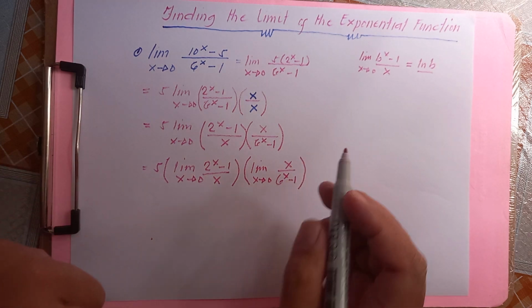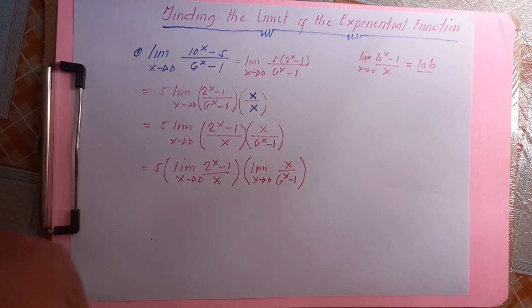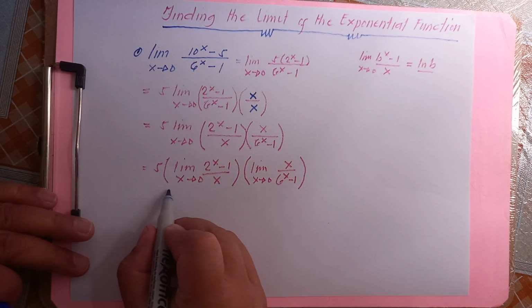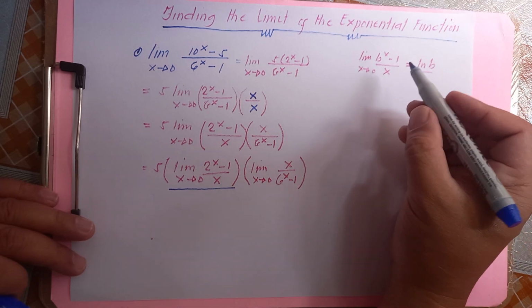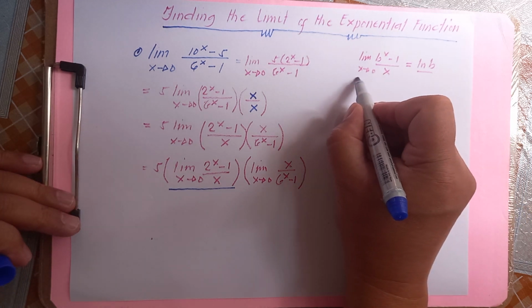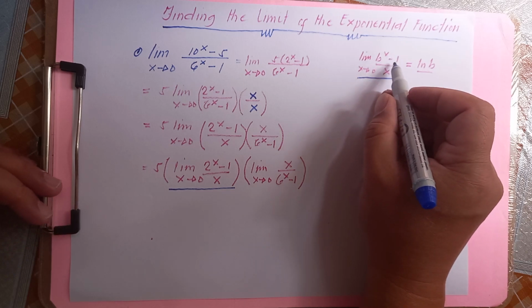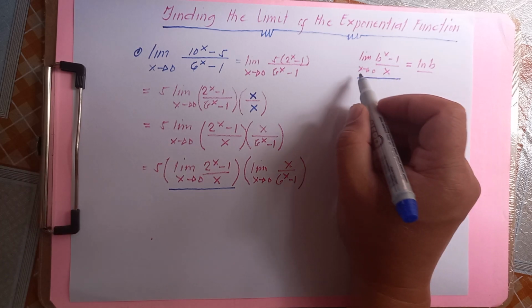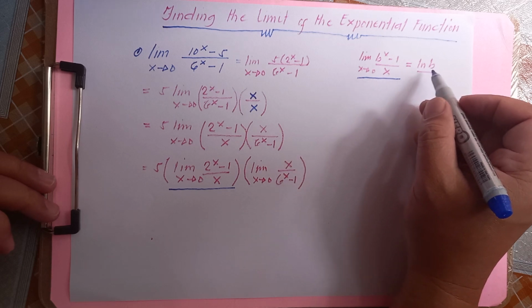Okay, so notice that this form is actually the same as the form of our theorem, which states that the limit of (b^x - 1)/x as x is approaching 0 is the same as the natural log of b.